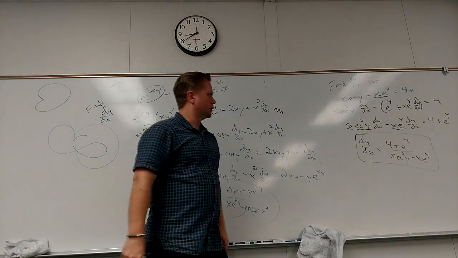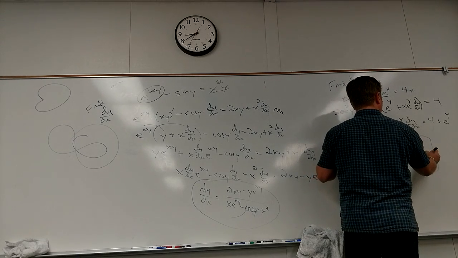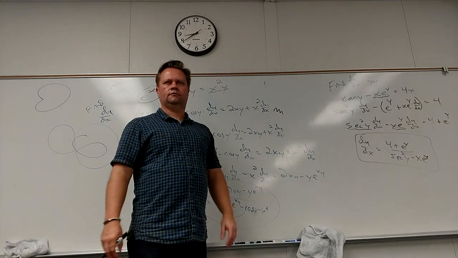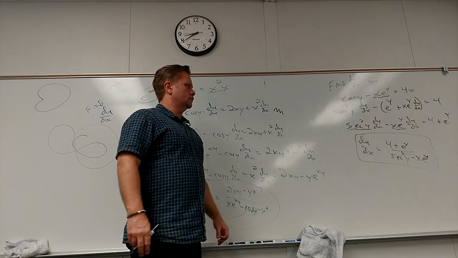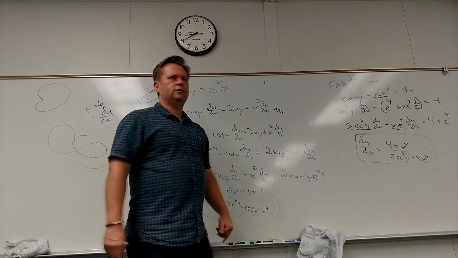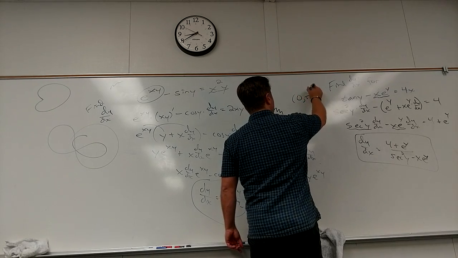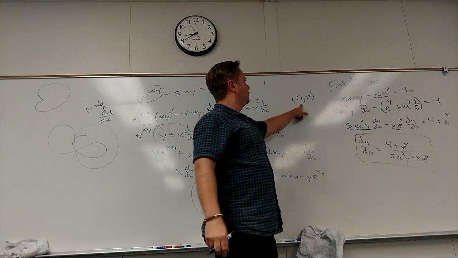My y's are really looking bad here. Coolness. So what's the slope at the point, what did I say, 0 pi? Is that a point that goes through?